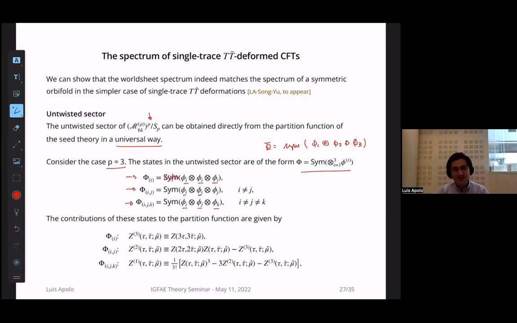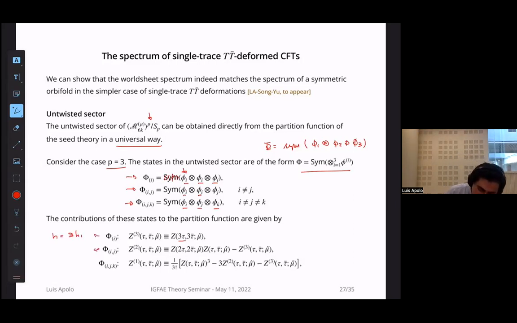The reason we make this split is because then we can count their contributions to the partition function. For the states where all of the states are the same, their conformal weight is given by 3 times the conformal weight of the field featured here. And as a result, the contribution to the partition function is given in this way.